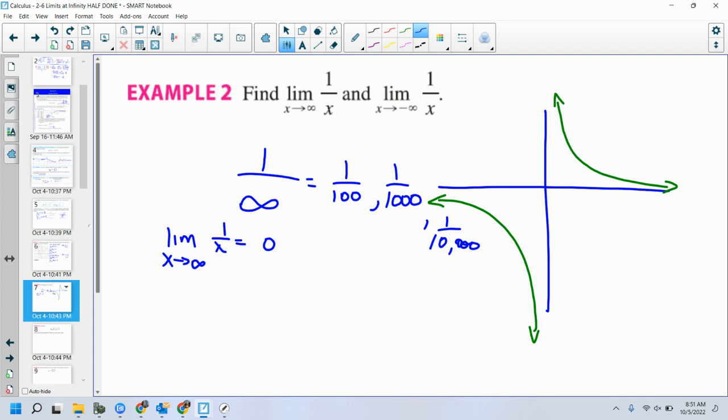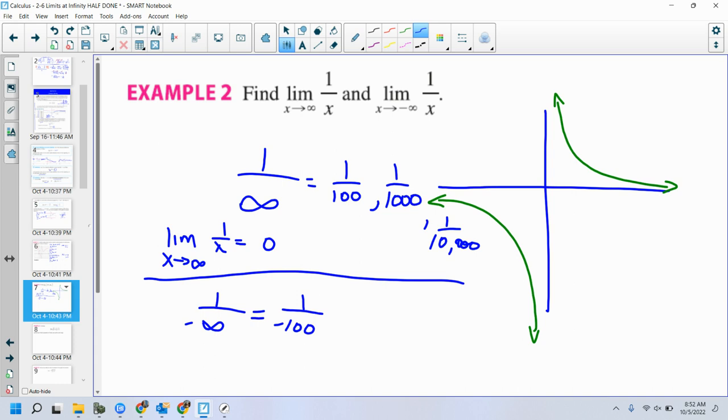Is that same thing true for the left side? What does this mean? 1 over negative infinity. Can I do direct substitution with that too? Well, it's continuous over there, so I should be able to. But does it change anything? Well, 1 over negative 100?